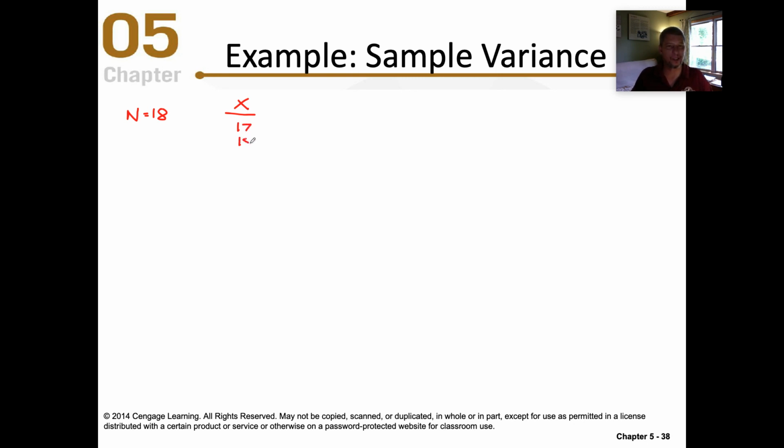So I've got 17 appears once, then 15 appears 4 times, then 14 appears 6 times, 1, 2, 3, 4, 5, and 6. 13 appears 4 times.